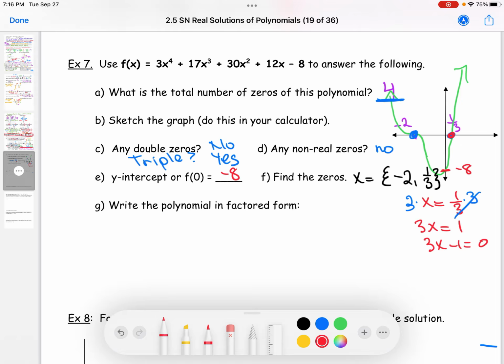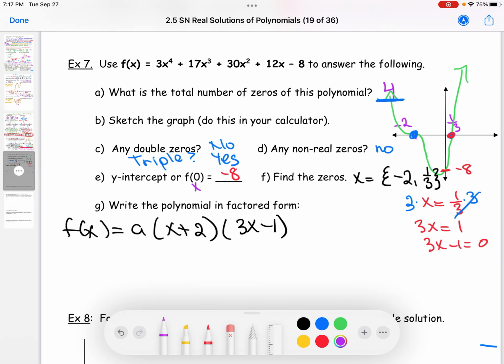Move everything to one side of the equal sign. Make one side equal 0. 3x minus 1 is that factor. So f of x will equal a times x plus 2, which gives us the root at -2, and times 3x minus 1.